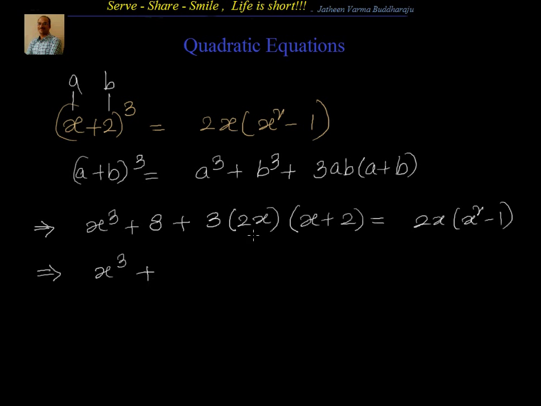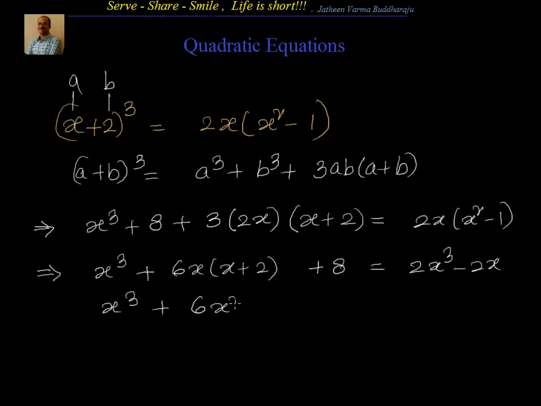We'll write down x cube plus 3 into 2x is 6x, 6x into (x plus 2) plus 8 equal to 2x into x square is 2x cube minus 2x. Now we'll simplify further. It will become x cube plus 6x square plus 12x plus 8 is equal to 2x cube minus 2x.